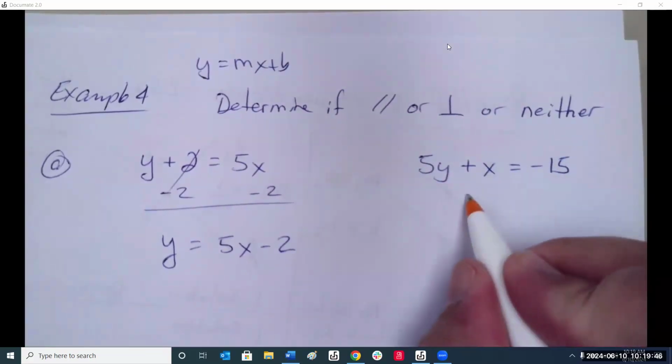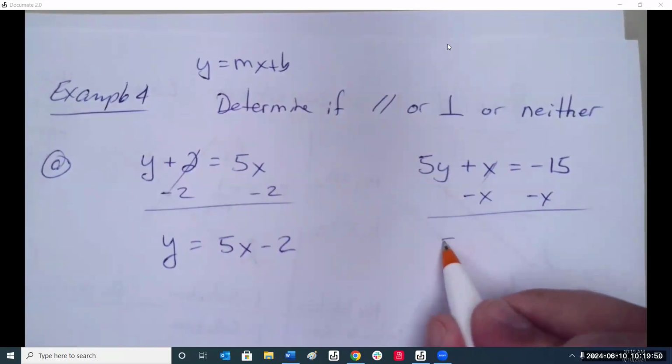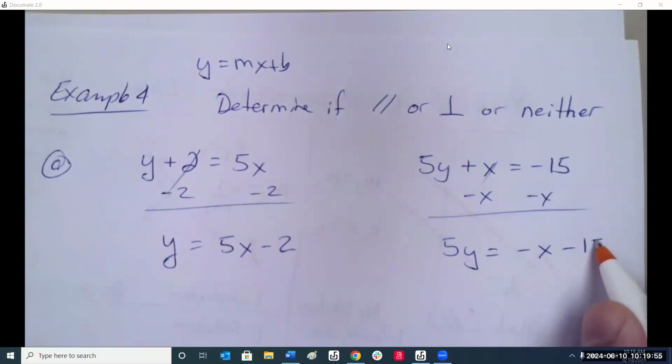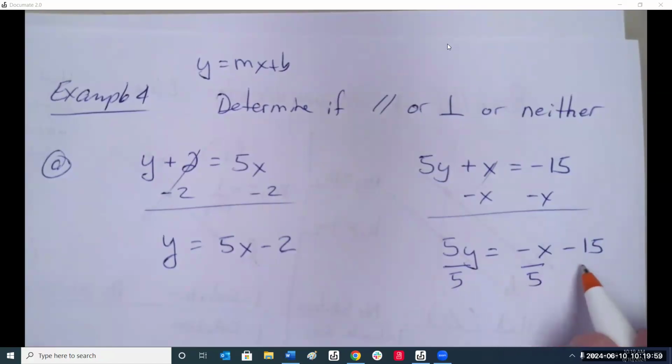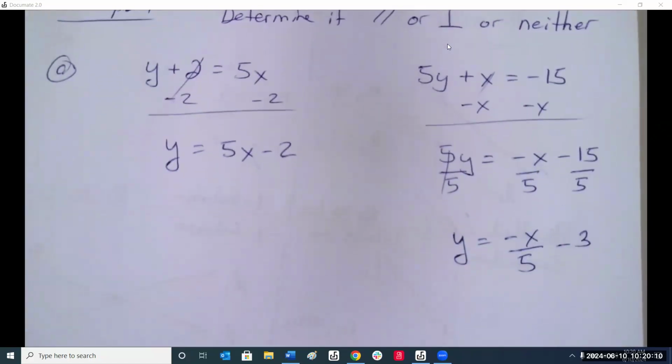And the second one, I subtract the x. And then divide by 5. -15 divided by 5 is -3.